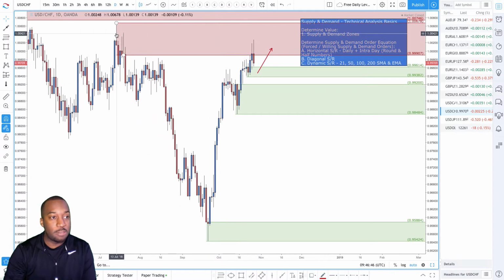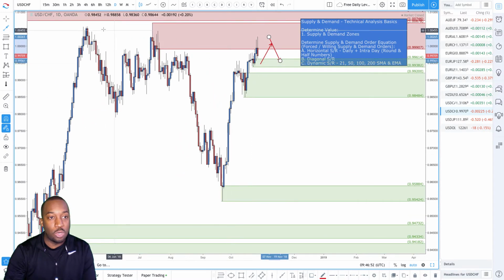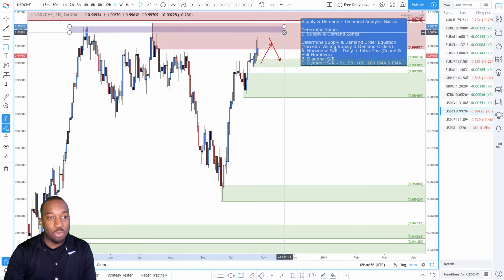If you feel that you want to take advantage of dollar weakness, then now is going to be the potential time to again look for some horizontal, diagonal and dynamic support and resistance confluence within this area to determine supply and demand order equation. So you'll be looking anywhere probably around here, right?